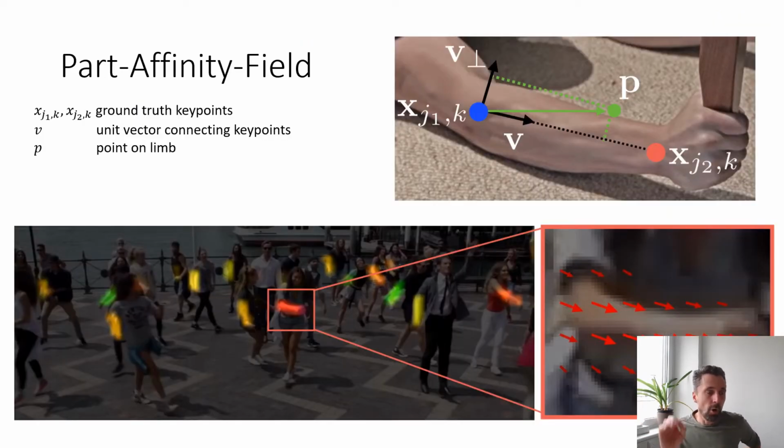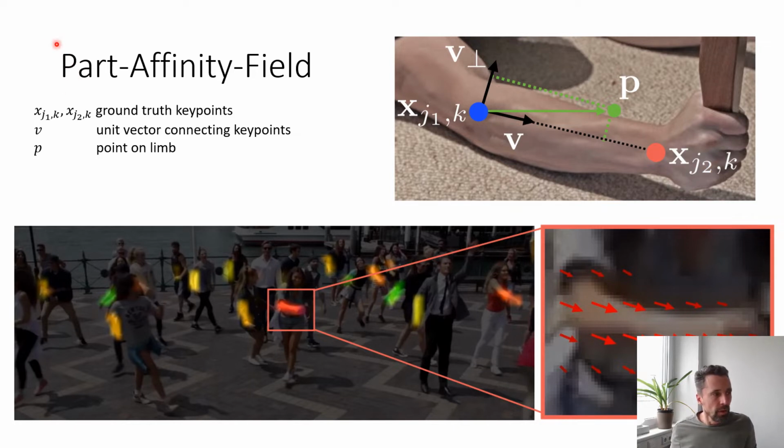Okay, so OpenPose and that paper. Oh, by the way, it's not that paper. It's even a paper before that, which proposed a solution to this ambiguity problem. If you have two shoulders and two elbows, how do we match these things together?